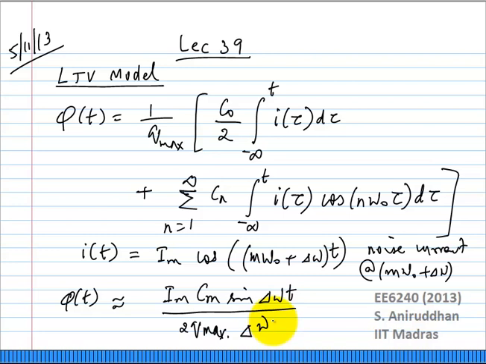You will get the term only when n equals m, and when you apply this and simplify the trigonometric expression, you will get the sin Δω t term. So even though noise is at m ω0 plus Δω, it ends up getting folded over to Δω. Okay, so that is the important thing to remember.